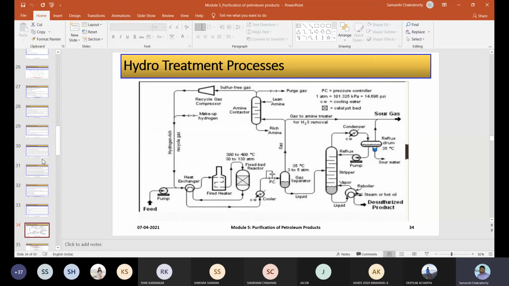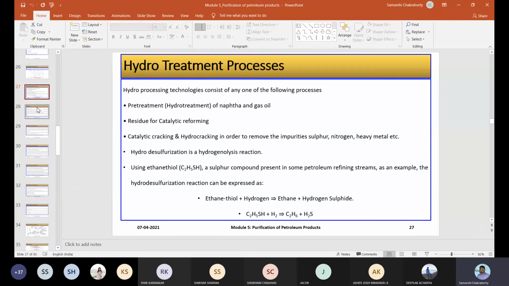I thought talking a little about that would give you some idea why hydrotreatment is pretty much necessary for your petroleum products, not only for sulfur removal but for other aspects also: metal removal, olefin saturation, aromatic saturation, as well as nitrogen removal. This slide also talks mostly about the hydrotreatment process, but here the discussion is more inclined towards the hydrodesulfurization part only.